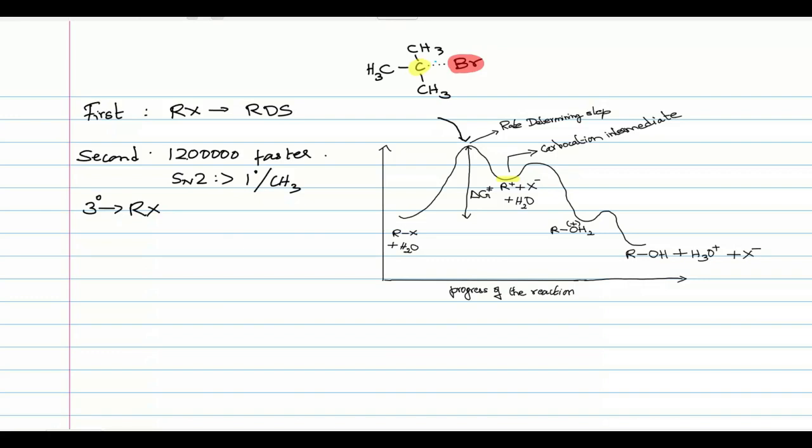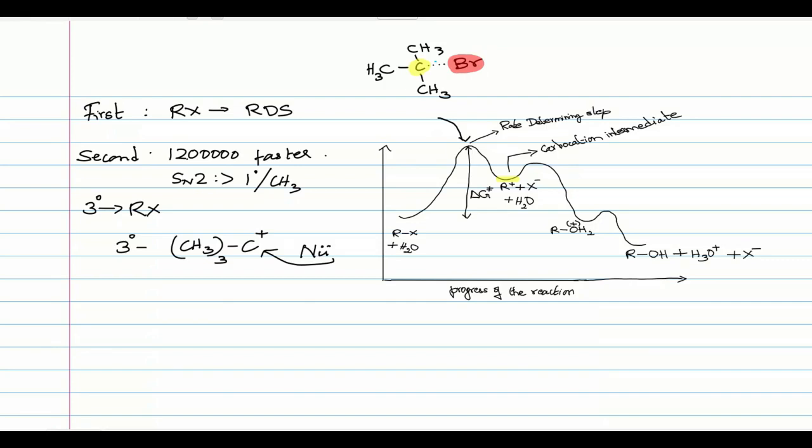And this tertiary carbocation is extremely stable, and hence the attack by a nucleophile is also much weaker. So that also justifies the observed rate for this reaction.